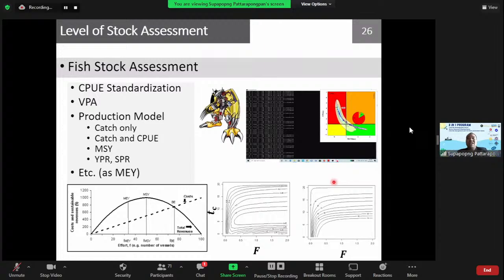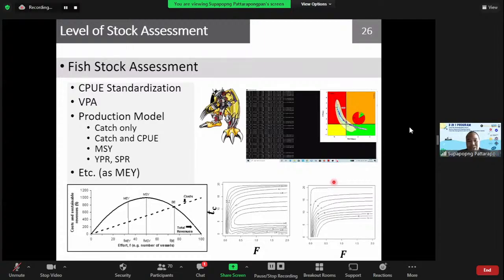And if you can get those two levels, fish biology and population dynamics, you can reach the last level, stock assessment. Here, you will learn a lot about how you can analyze the information, and some of it incorporates a lot of statistical methods, which at first will look very scary. But if you become more familiar with it, you can see what you can do with this very powerful tool.